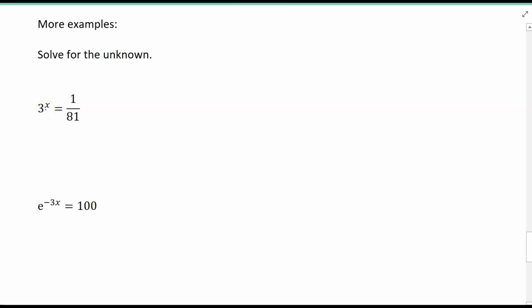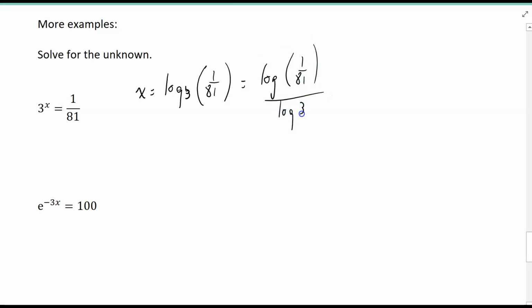The x is in the exponent. In this exponential function, we should write it in logarithmic form. Once it's in logarithmic form, we can find this log base 3 by making it a ratio of the log of the argument over the log of the base.